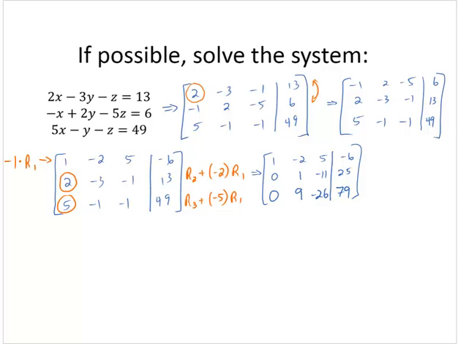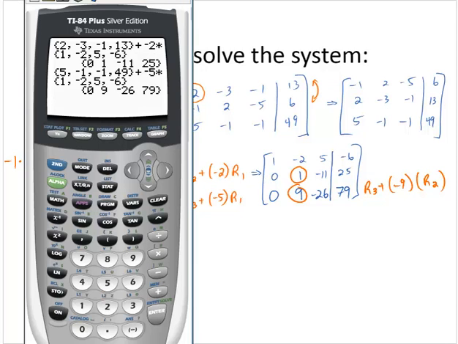All right, my next goal would be I need to make this a 1. Well, it's already a 1, so let's now focus instead on the 9. To make that 9 a 0, I'll take row 3 and add to it negative 9 times row 2. And again, I'm going to use the calculator here to help me with the arithmetic.